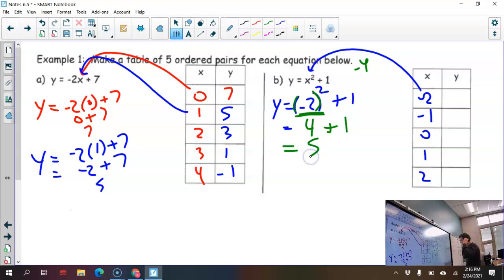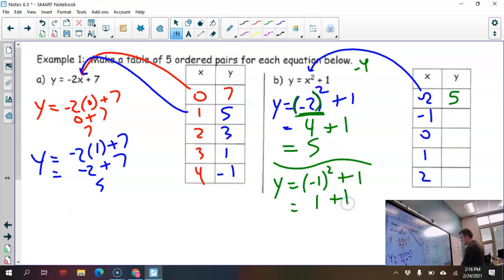And 4 plus 1 is 5. So when I put negative 2 in for x, I get 5 for y. And then I would go to negative 1. And I would get negative 1 squared plus 1. And that would equal, let's see, negative 1 squared is positive 1, and 1 plus 1 is 2.